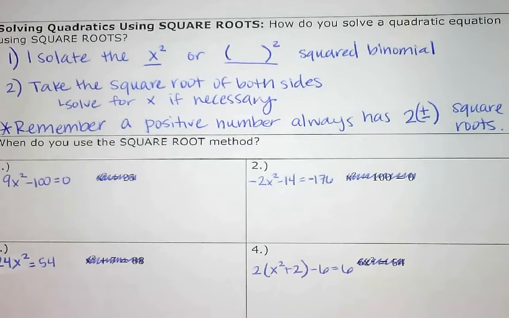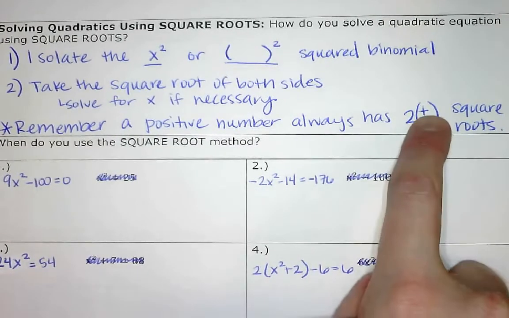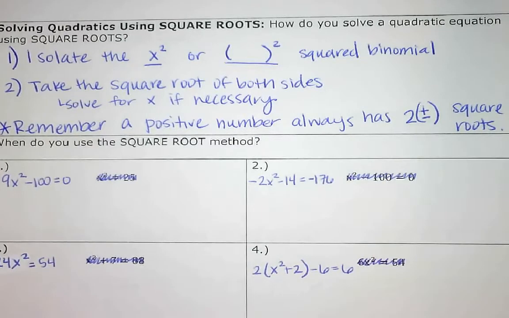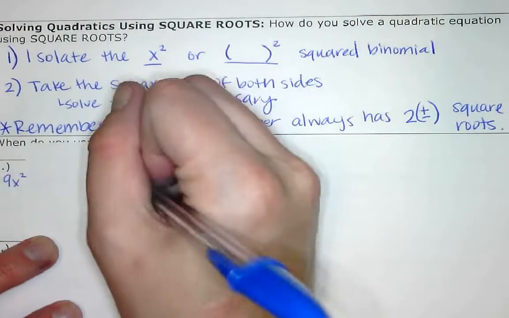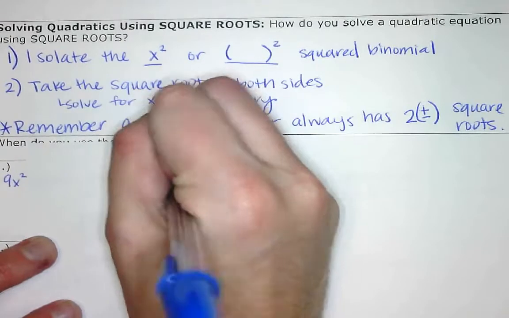It always has two, a positive and a negative. We write that as a little plus or minus before the square root. And so as we're thinking about this here today, what I want us to understand, I'm going to kind of write this here. You don't have to write this down, this is just for us to think.